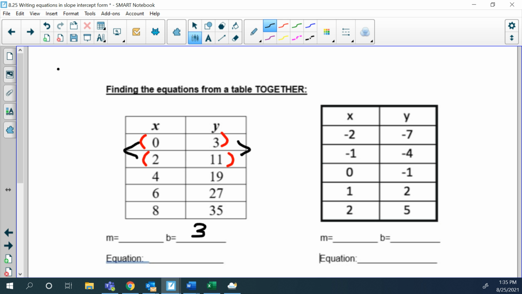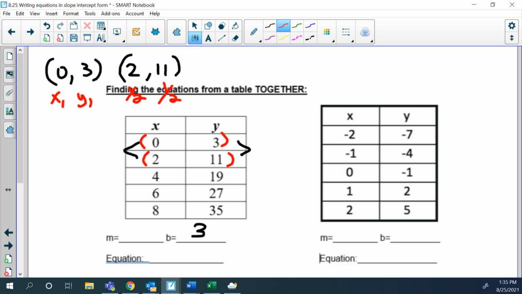So my points are 0, 3. That's my first point. And my other point is 2, 11. So this is my x1. This is my y1. This is my x2. And this is why I stress using the slope formula, because when you come to tables and given 2 points, you've got to know to use that formula.